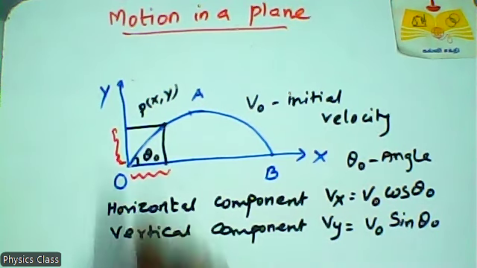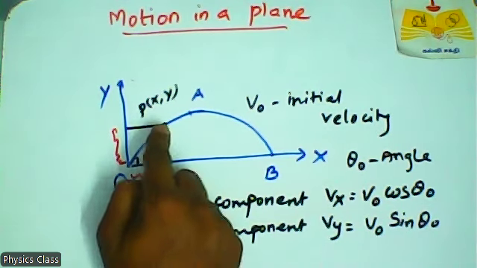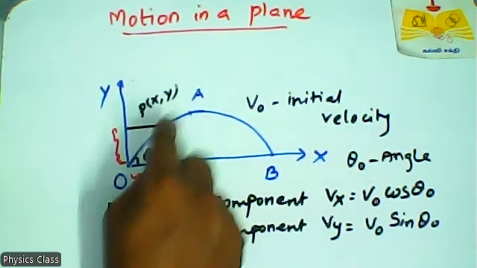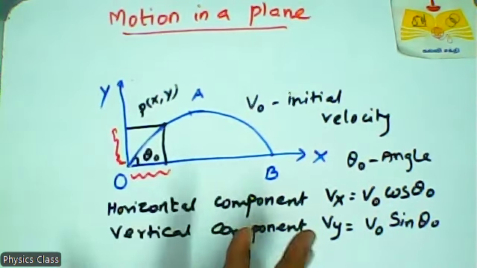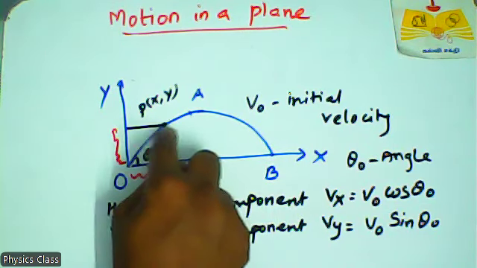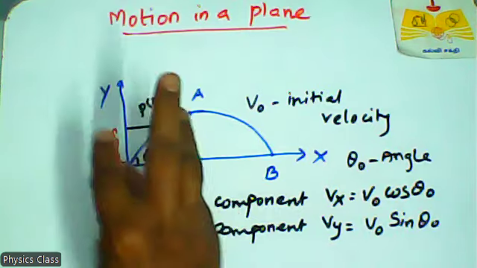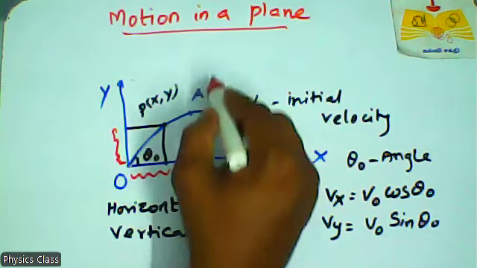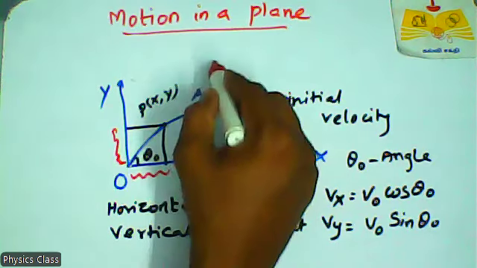Okay, so here let the projectile be at the point P(x, y). P(x, y) means any point. So let the projectile be here after some interval of time, because initially the object is here, after some time the object goes here.